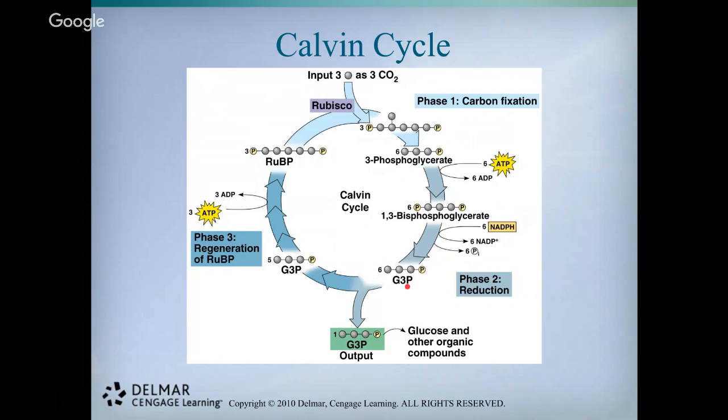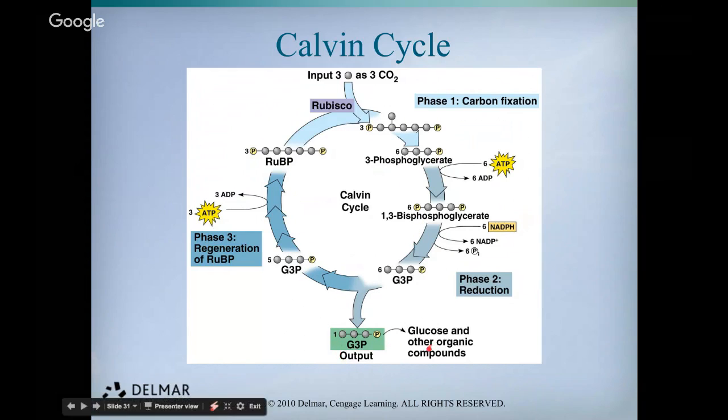Then we get this glyceraldehyde 3-phosphate, which is pretty much the intermediate carbohydrate. So this cycles 3 times. We have 3 carbon dioxides, 1, 2, and 3. We go around a couple times. We put two of these together to create glucose. The other remaining one is then recycled back to RuBP, a 5-carbon compound, and then the cycle just continues on.